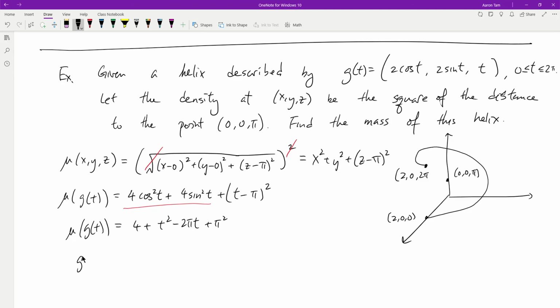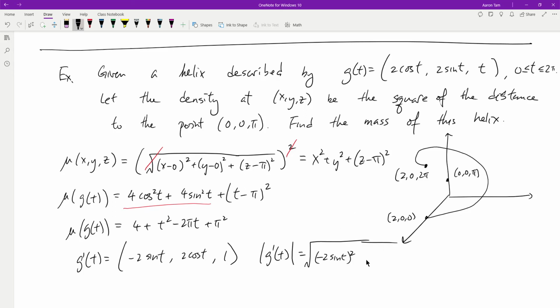I'm also going to find g prime. So g prime is actually pretty simple. There'll be negative 2 sine t, 2 cosine t, 1. And so the length of g prime of t would equal the square root of (negative 2 sine t) squared plus (2 cosine t) squared plus 1 squared.